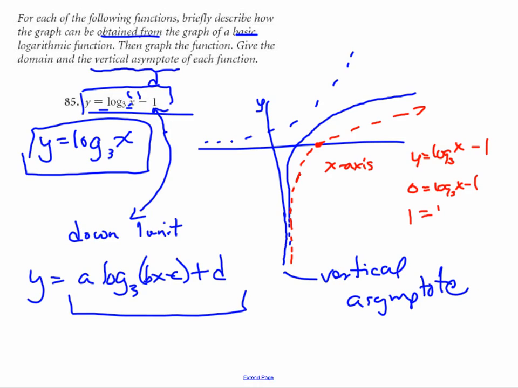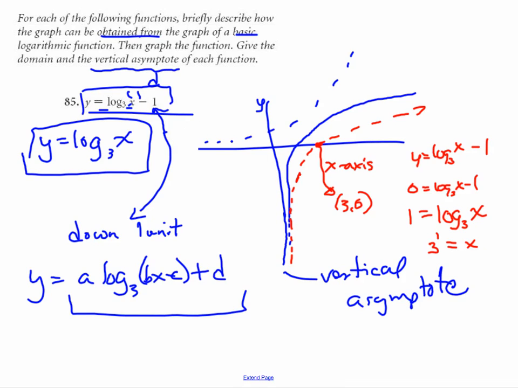Take the 1 to the other side: 1 equals log base 3 of x, and then change this from logarithmic form to exponential form. So it'd be 3 to the first is equal to x, or x is equal to 3. So that point right there, where it crosses the x-axis, would be 3 and 0. Hopefully that gives you an idea of how to graph that and how to recognize at least one of the transformations.